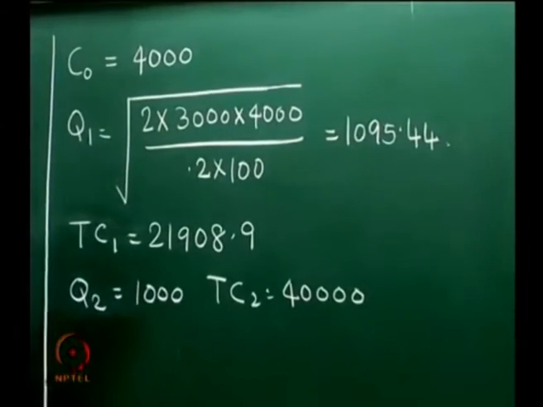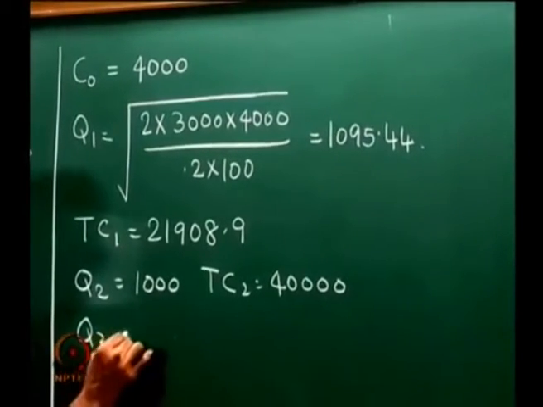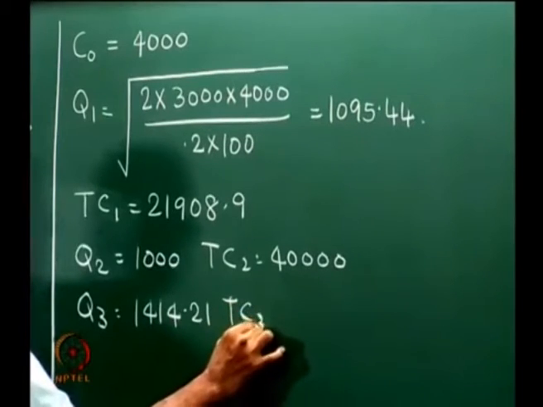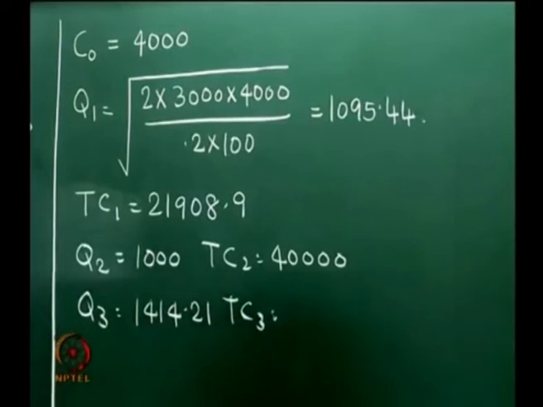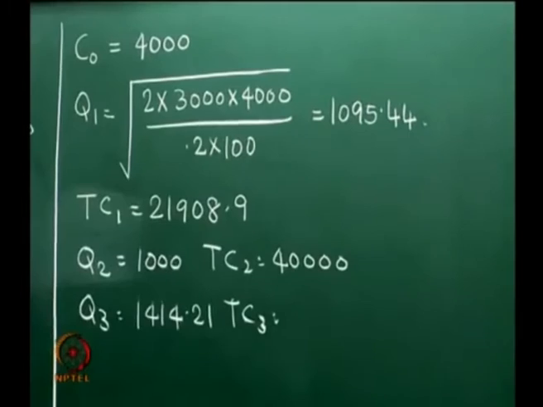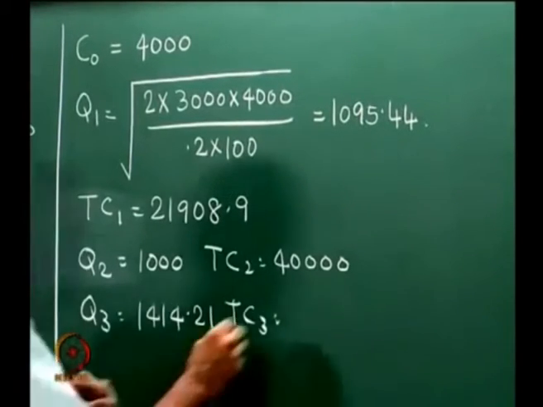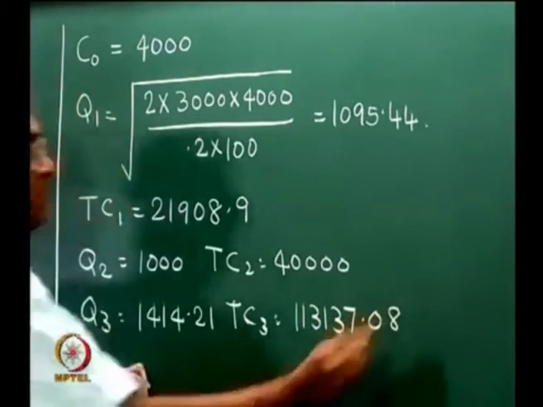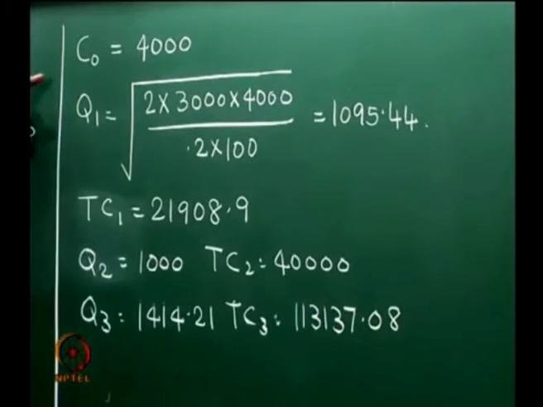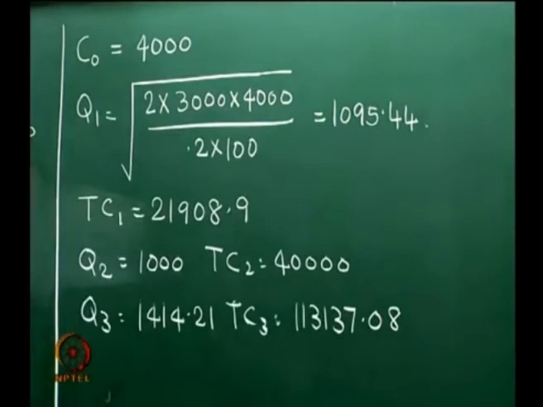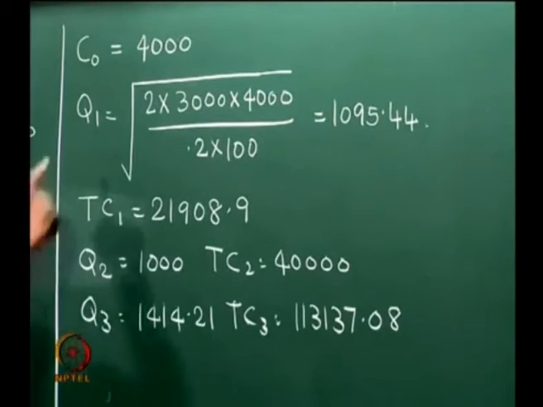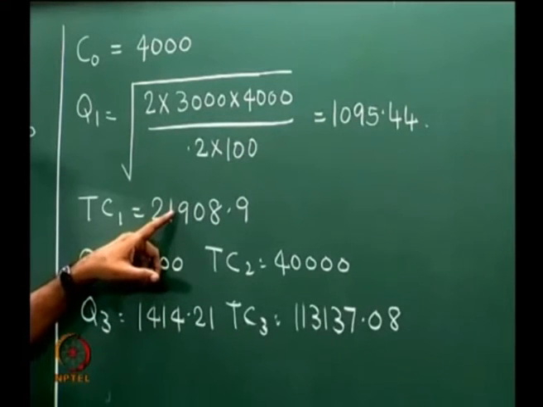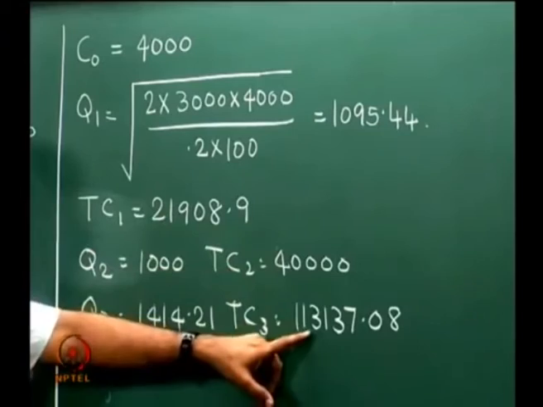Q3 is 1414.21 and TC3 is 113137.08. So, individually, if we order the 3 items according to their economic order quantity, these are the order quantities for the 3 items, and the sums of order cost and carrying cost for the 3 items are given here.